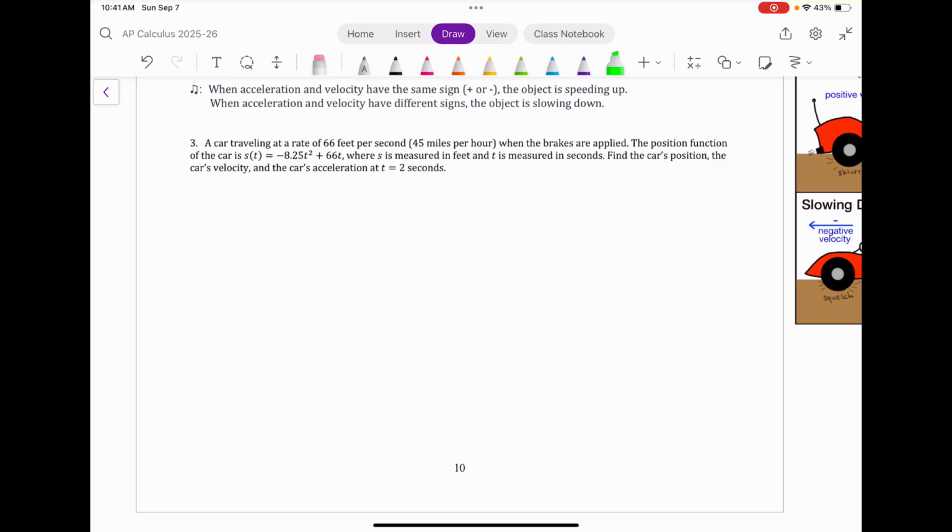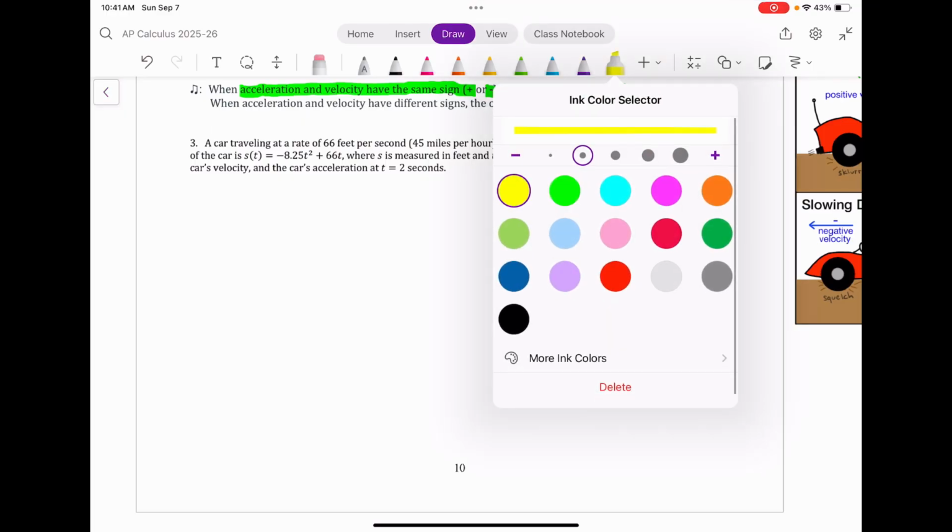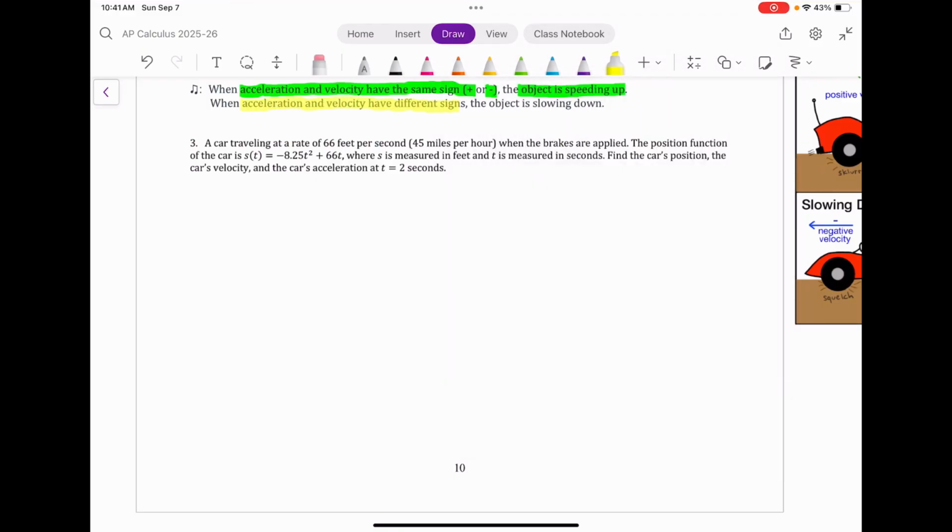Okay, so when acceleration and velocity have the same sign, so if they're both positive, meaning they're both going in the right direction, or if they're both negative, right, meaning acceleration and velocity are both pointing to the left, we say the object is speeding up. And if acceleration and velocity have different signs, then the object is said to be slowing down.